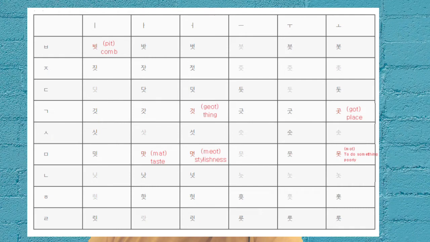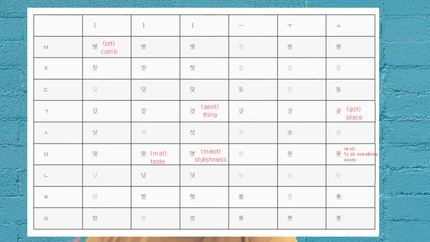And then we have pat, pot, put. Right. And then we have cheat, chat, jot, toot. Okay. We have teeth, tat, tot, toot. And keep, cat, got.